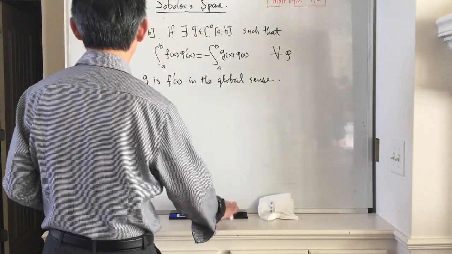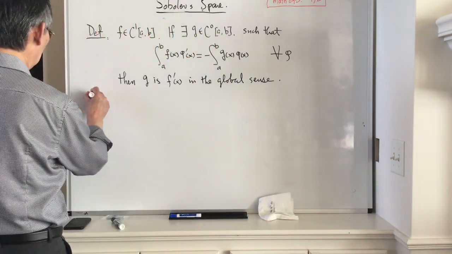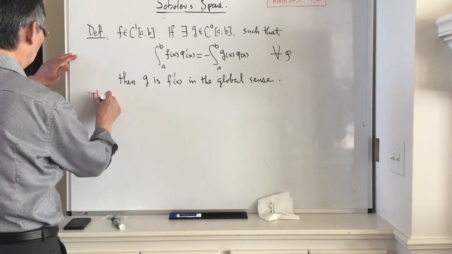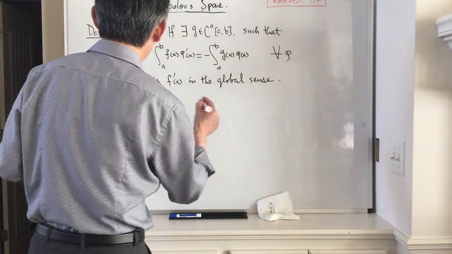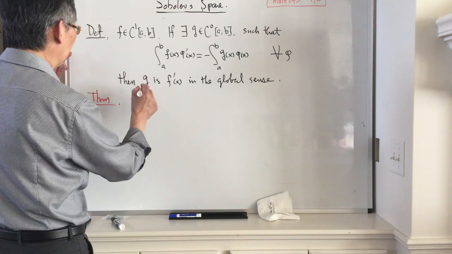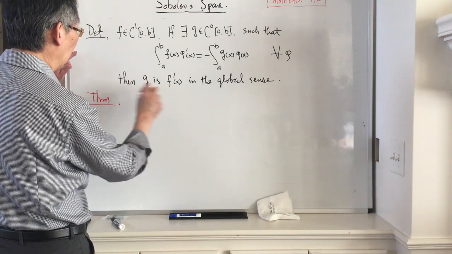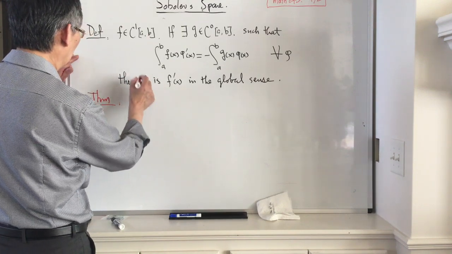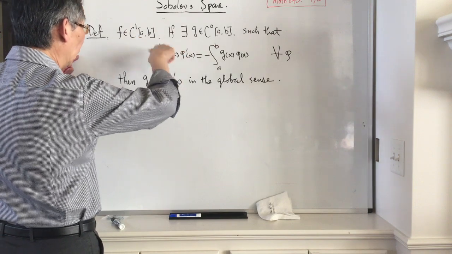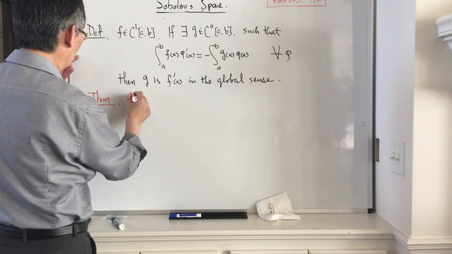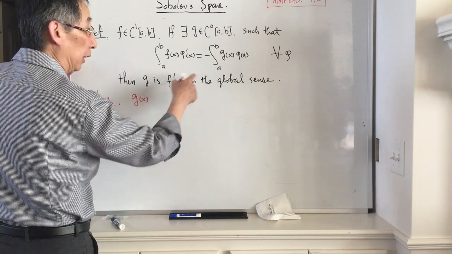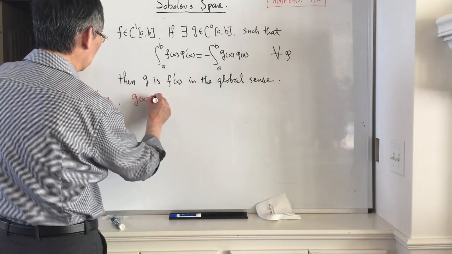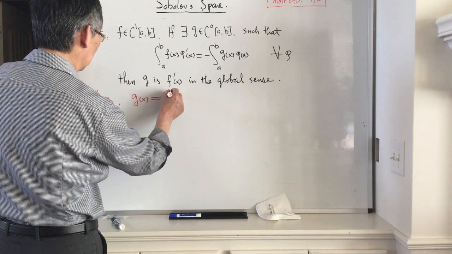So there's a new theorem here. I'm not going to describe the theorem in detail. I'm going to prove it, but I'm not going to put a detailed statement. We're going to show that this g(x), if it exists, is always equal to f prime(x).